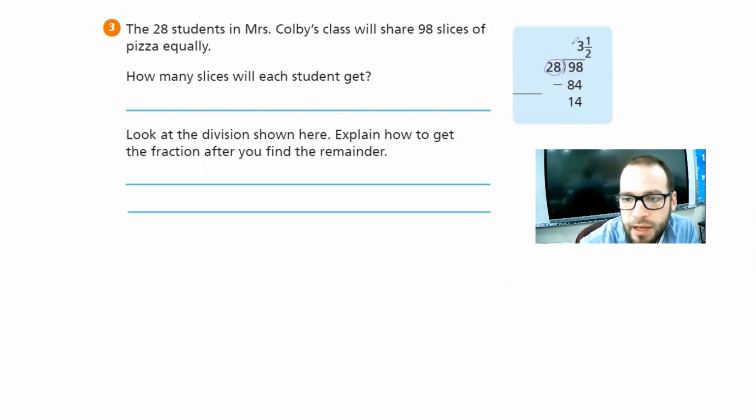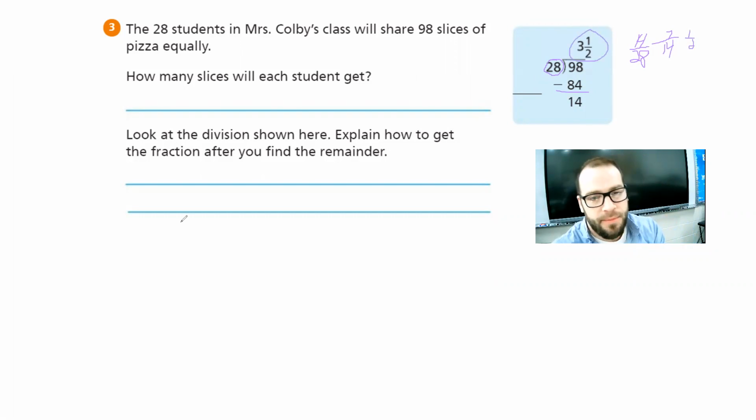So they go in 3 times, they see what's left over, there's 14 left over out of 28, and then some smart person said, oh my gosh, this can get reduced to 7/14. Oh my gosh, this can get reduced to 1/2. Oh, that's just 3.5.